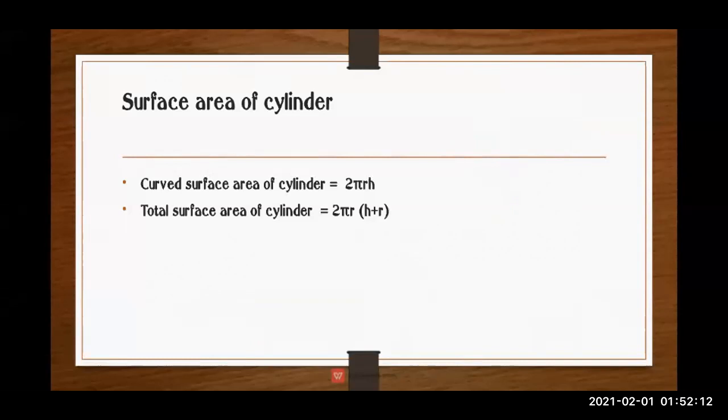Sometimes in the question they tell you which pi to use, 22 upon 7 or 3.14. At that time you have to use whatever is given in the question. If no pi is given, then you can use any one, that is 22 upon 7 or 3.14. But if it is mentioned in the question, then only that pi you have to use.